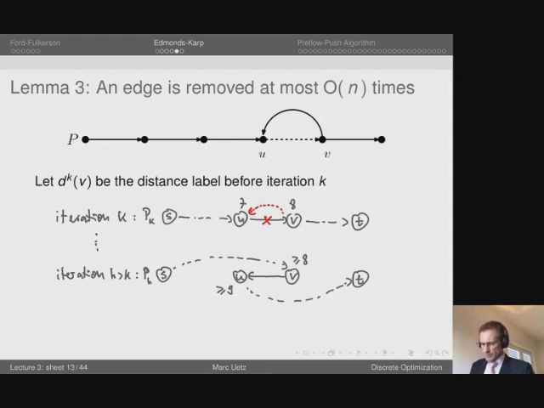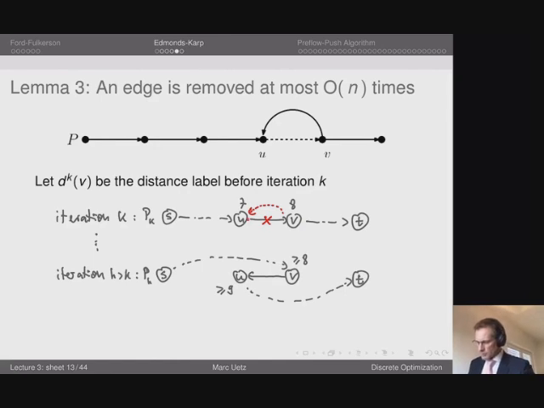So consider some iteration k, where we found an augmenting path P_k. This k refers to the iteration number. And then we found an augmenting path from S to T. And the distance of this vertex here, U, was actually 7. And then correspondingly, the next vertex on this path had distance 8. Remember, that's the number of edges of the path.